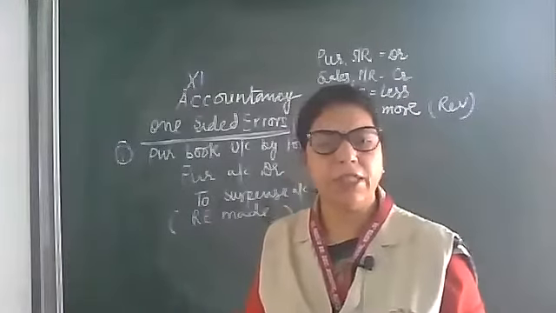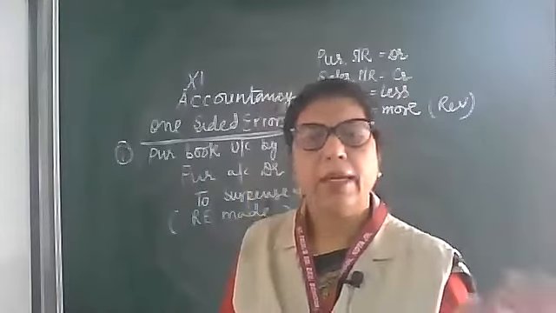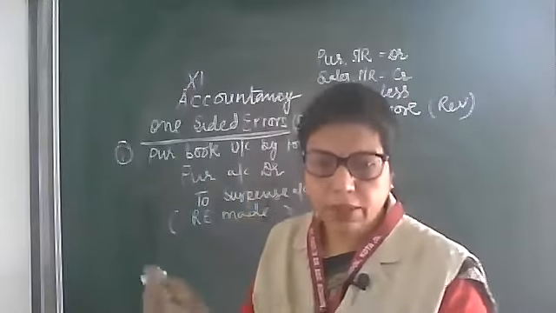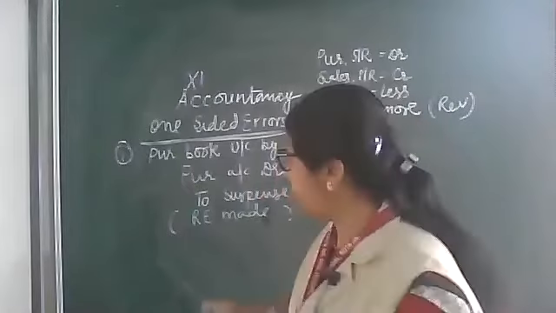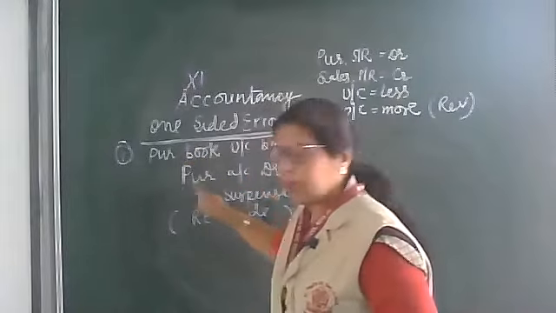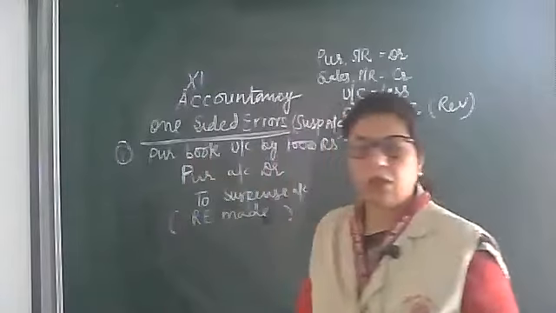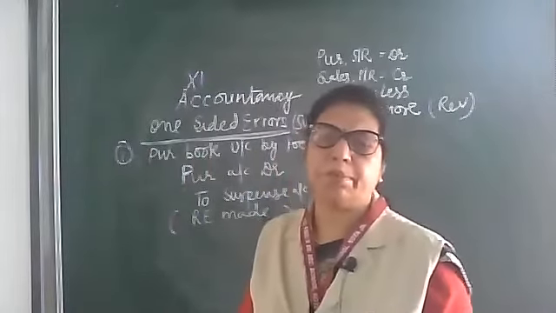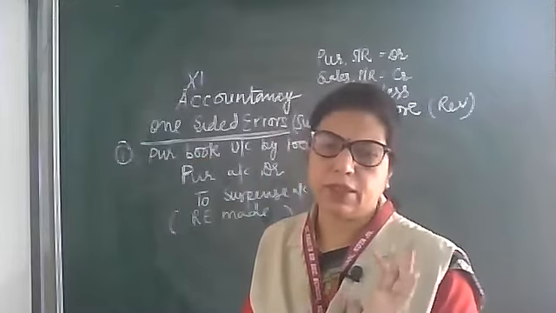See, purchase is always debited, and if it is undercast, then write more, write again. Purchase will be debit and no account in credit, so to make the entry complete, we have to write suspense account in credit.